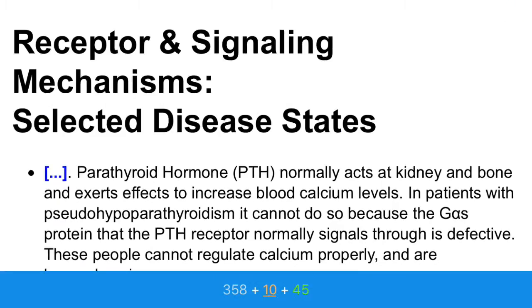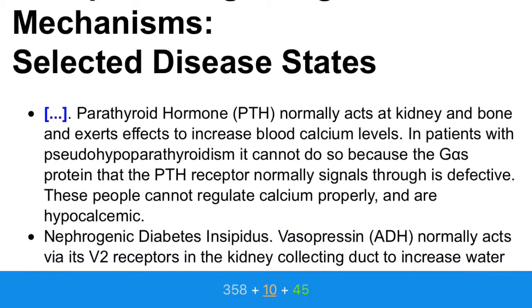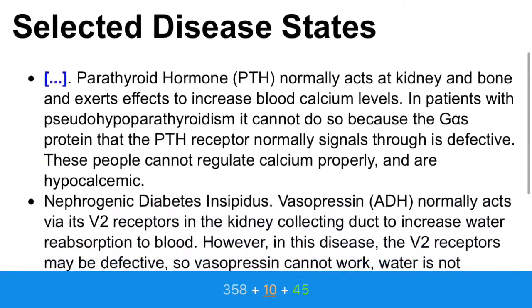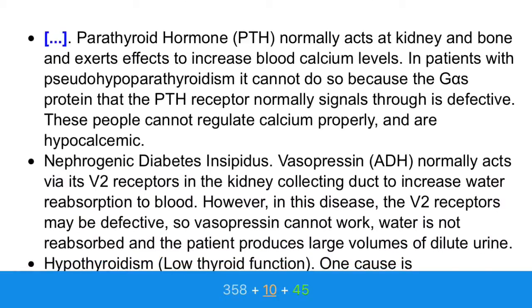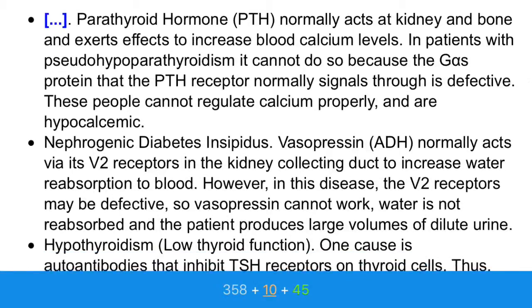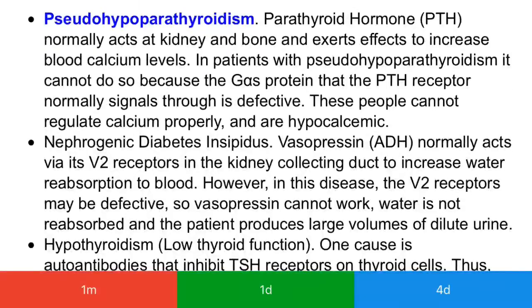Moving forward. Receptor and signaling mechanisms, selected disease state. This is pseudohypoparathyroidism, where the G-alpha-S protein is defective in the parathyroid hormone receptor, PTH, parathyroid. And then there's pseudo-parathyroid, or hypoparathyroidism, which is a fun one.